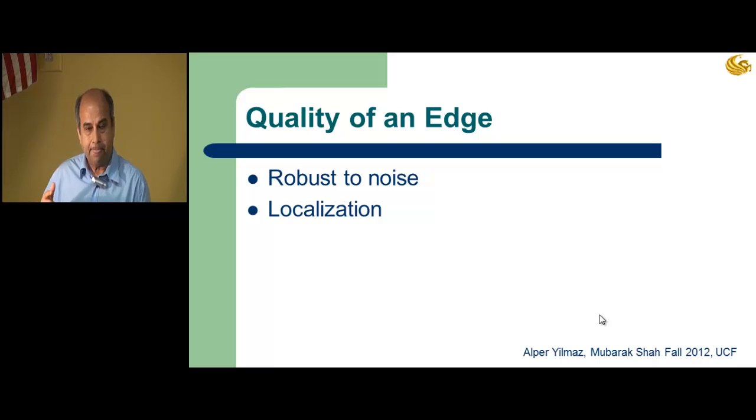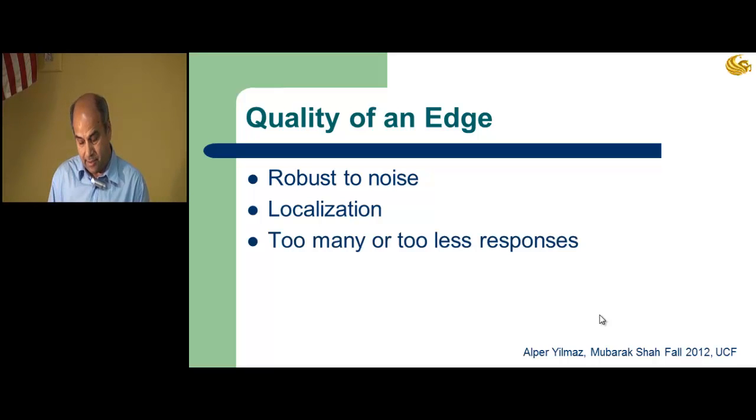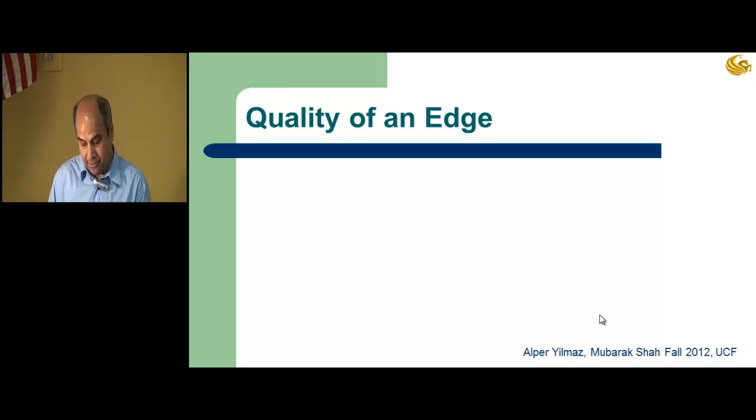If the edge is at a given location, say x equals 2 and y equals 3 in the image, but you detect an edge actually 1 pixel to the right, not exactly there, then the edge is not localized. So ideally we want good localization of edges. And it may happen that we miss some edges, or we may have additional edges, where actually there's no edge point, but we get an edge. Those are factors which will impact the quality of edges.